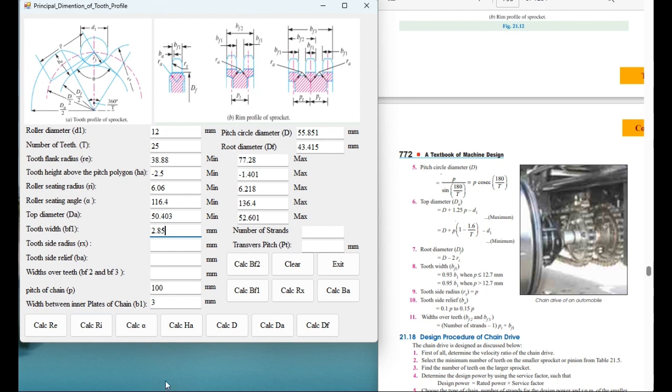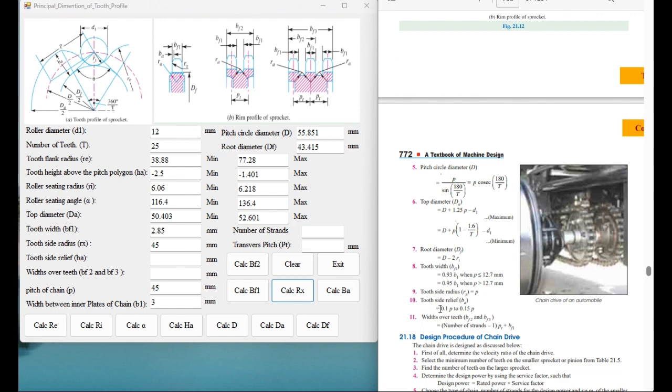Then the next thing we can calculate in this calculator is the two-side radius Rx. Rx is equal to P. When we change this P to around 45, then Rx also becomes 45 because the equation is this.